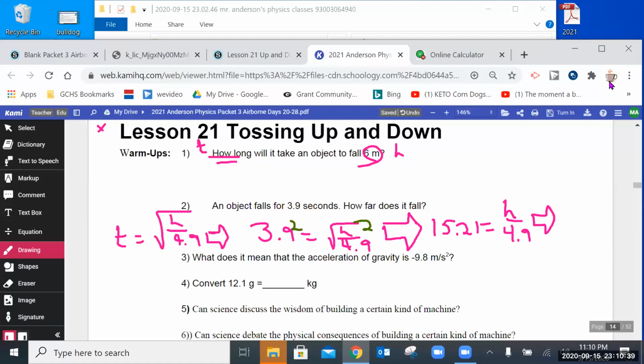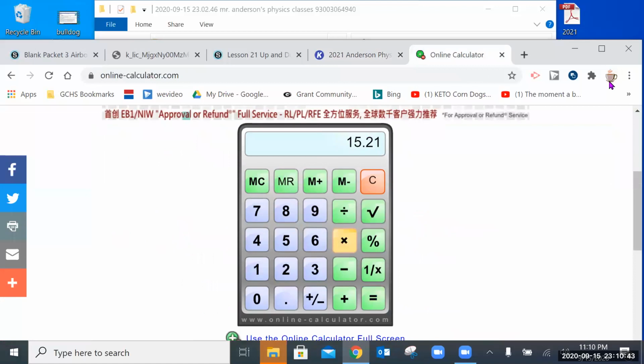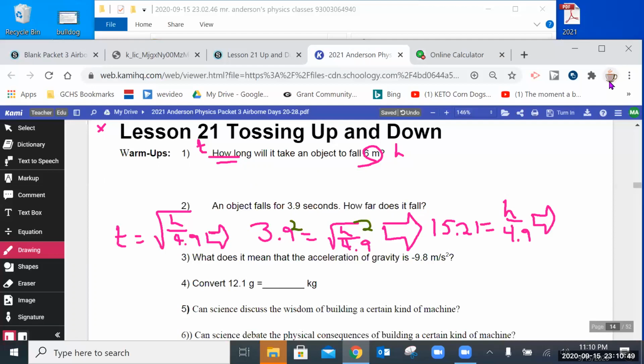We now multiply both sides by 4.9. We get 74.5 meters.